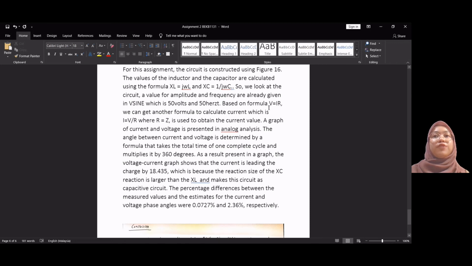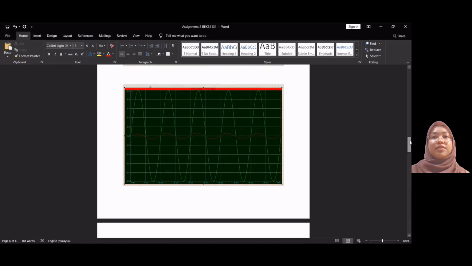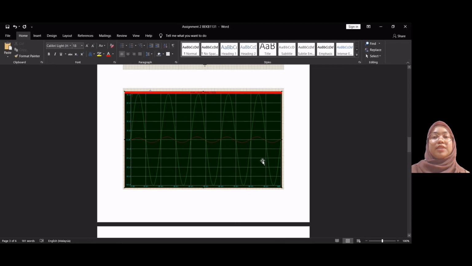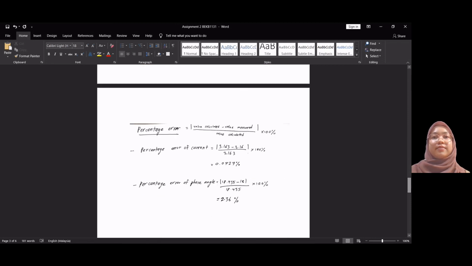Based on the formula V equal to IR, we can get another formula to calculate current, which is I equal to V over R, where R equal to Z is used to obtain the current value. A graph of current and voltage is present in analog analysis, which is this one.